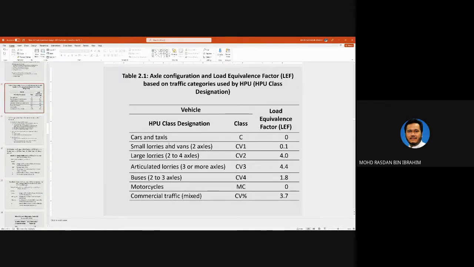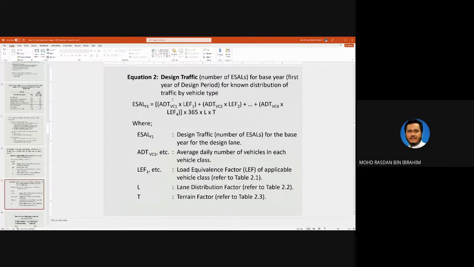Let's say 500. So that 500 multiplied with 0.1. Articulated lorries, you have 100. So 100 multiplied with 4.4. So this is this part of the equation. So you add up all these values between the ADT and the load equivalent factor, multiply with 365 days per year. This is the L, lane distribution factor, and the terrain factor. So this is the other method to obtain the ESAL for year 1.